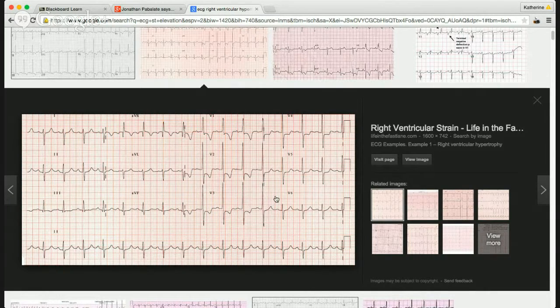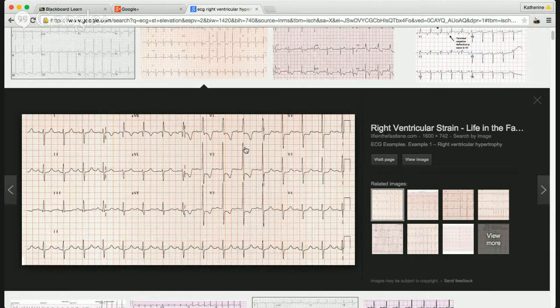So in summary, we have a sinus tach rhythm with extreme right axis deviation, and right atrial hypertrophy, and ischemia present in the leads V1 through V4, which is the anterior aspect of the heart.